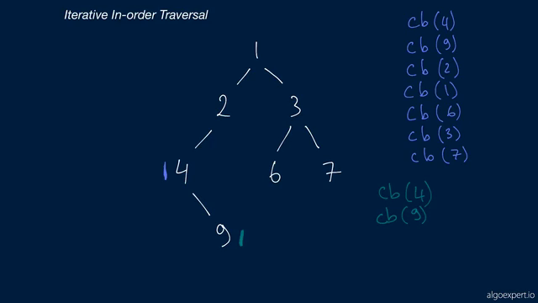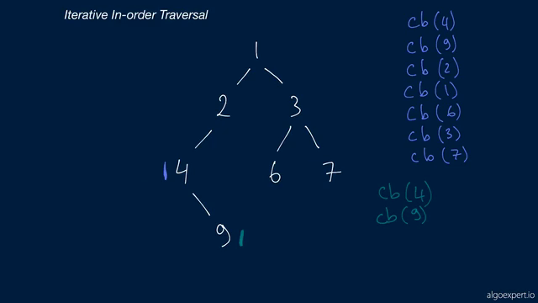But now, since the previous node is our right child, the 9, we know that we must have explored all of the right subtree, which means that we must have also already called the callback on ourselves, because we always call the callback on ourselves before we go down to the right.